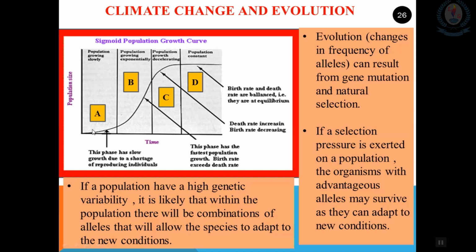With the time, the population gets adapted to its environment, and it comes to this exponential growth phase denoted by B. In this section, the rate of reproduction is high. However, gradually it reaches to a point where the population is using the resources excessively, and death rate starts to catch up with the birth rate, and it will reach a point like this.